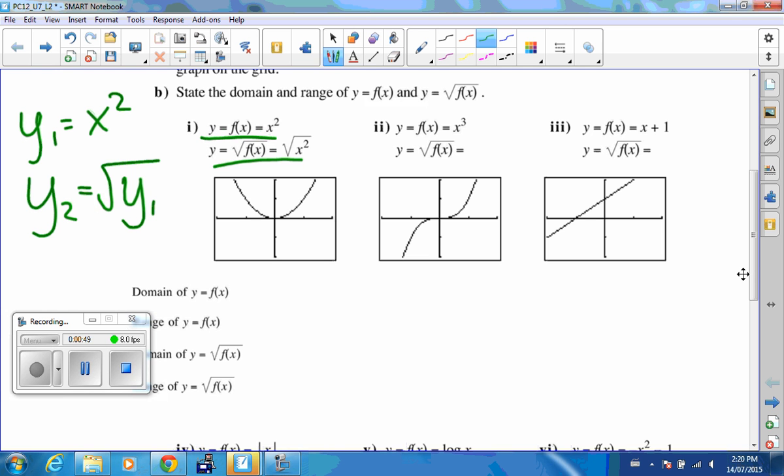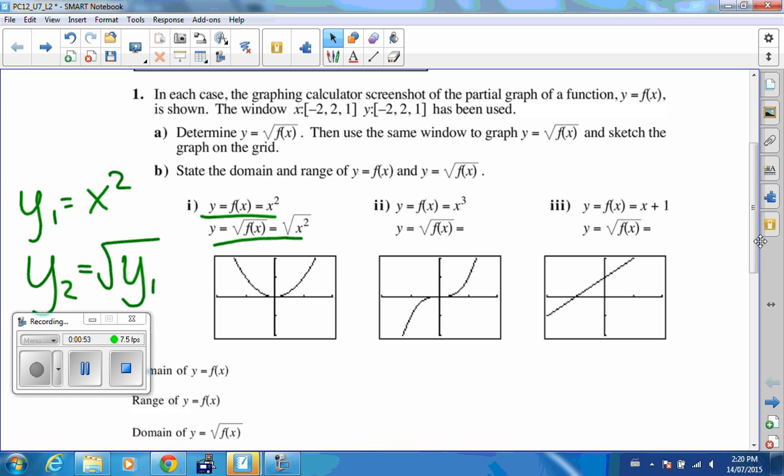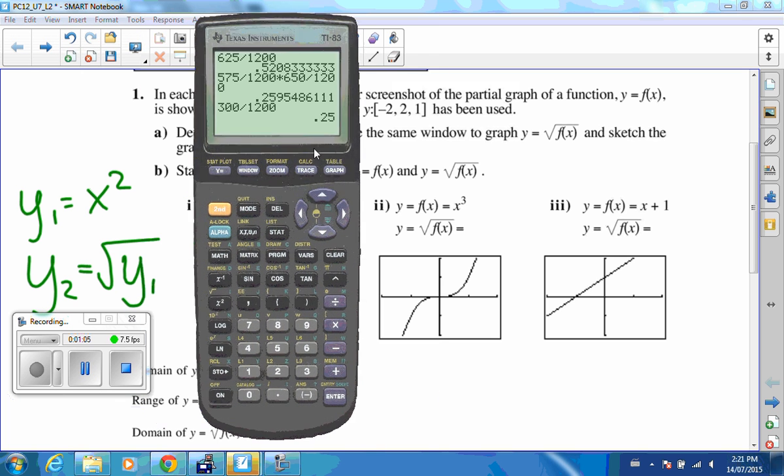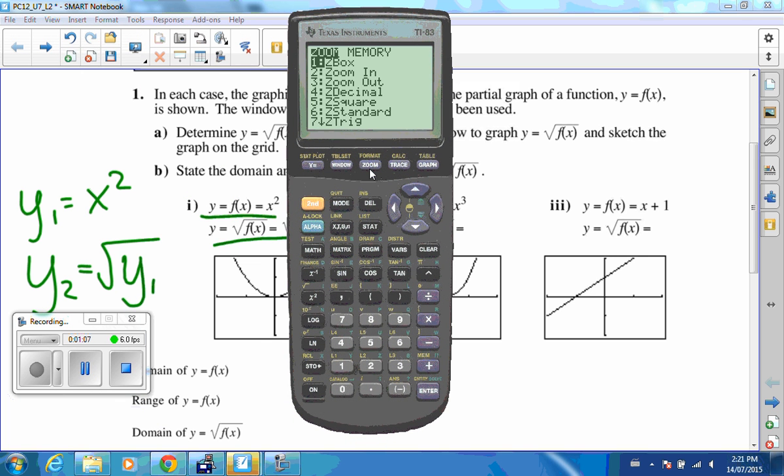They even give you a fairly nice graphing calculator window. They want you to be from -2 to 2 and -2 to 2, or your zoom decimal will work very well for that. So you can go in here to your graphing calculator and go zoom decimal, and it'll get you a pretty nice window right there.